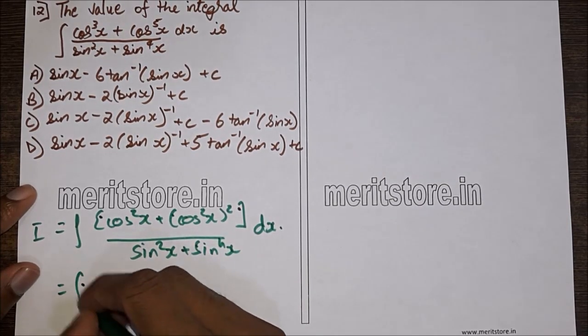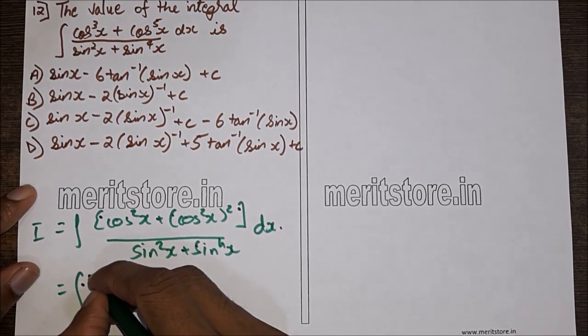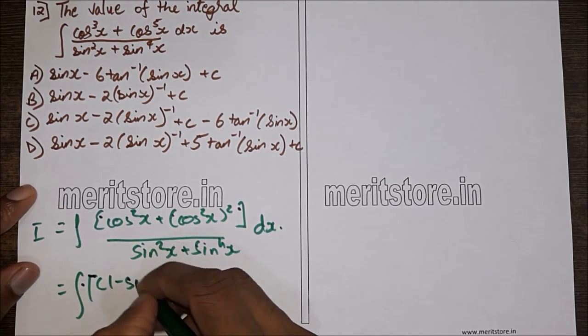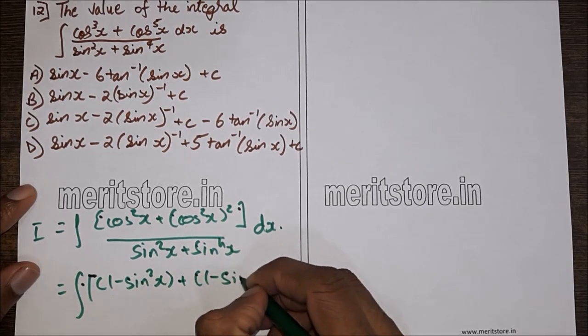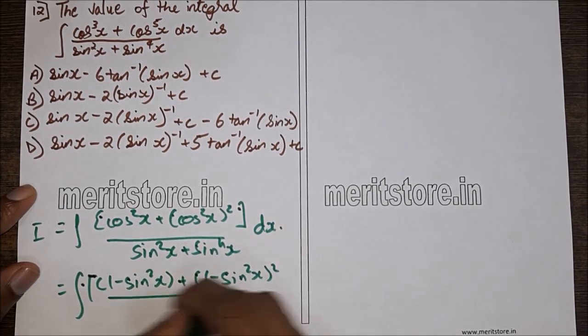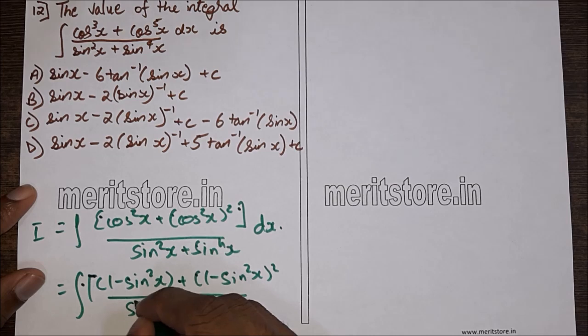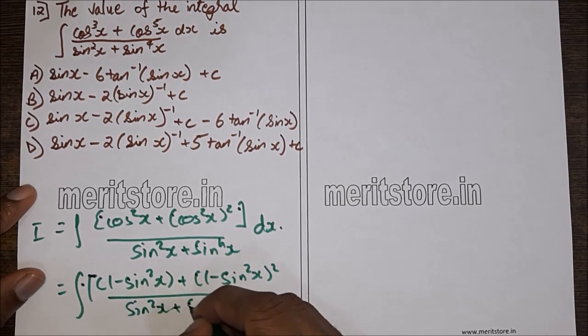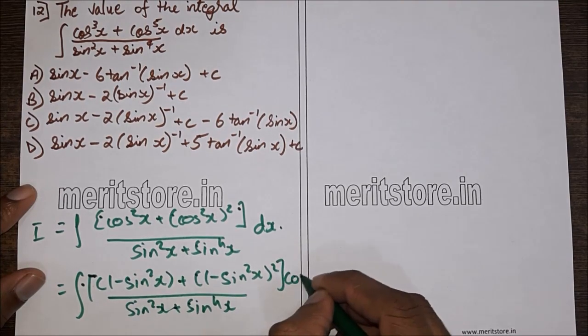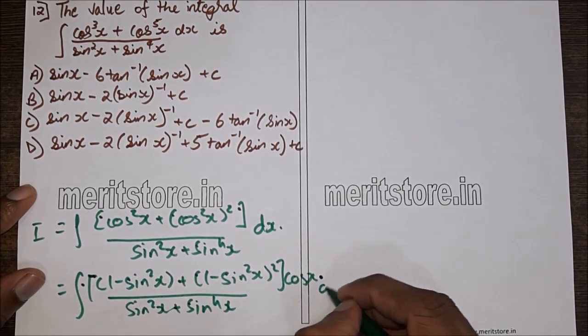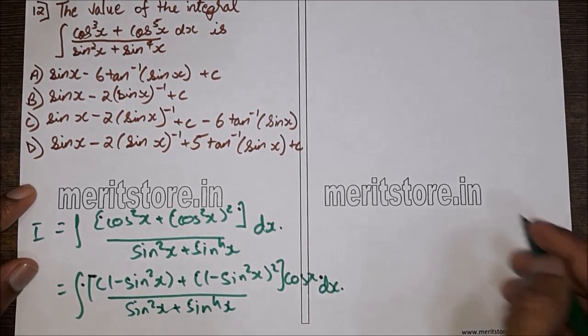For solving, we can write this as 1 minus sin square x plus 1 minus sin square x the whole square upon sin square x plus sin raised to 4x, times cos x dx.